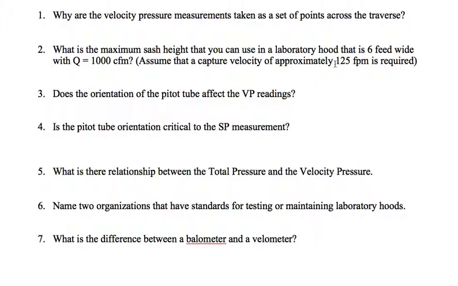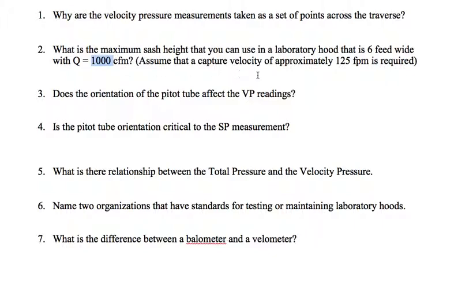We know the velocity we want across the face of this hood is 125 feet per minute, and we have 1,000 cubic feet per minute available to pull air in. So we have a velocity and a quantity, and we can calculate the area.